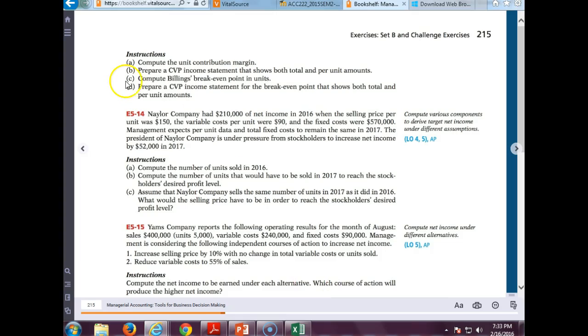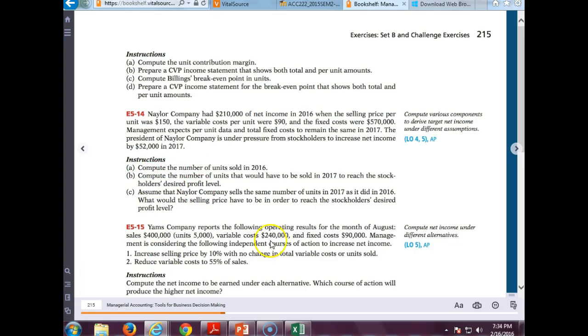Now, compute the number of units sold, we know. Compute the number of units that have to be sold in 2017 to reach the stockholders' required profit level, which we did.